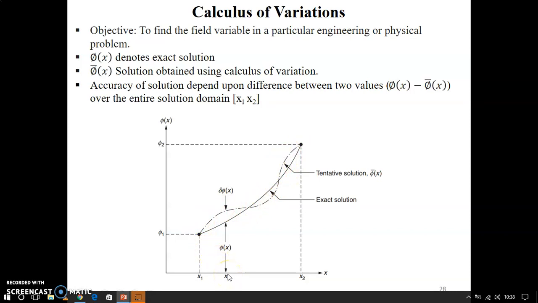For a particular value of x, the difference between the exact solution and the approximate solution is given as phi of x minus phi bar of x over the entire solution domain. As we keep on changing the value of x, this error between the two solutions will keep on changing. So the tentative solution will be the best when this value is minimum over the domain of a particular problem.